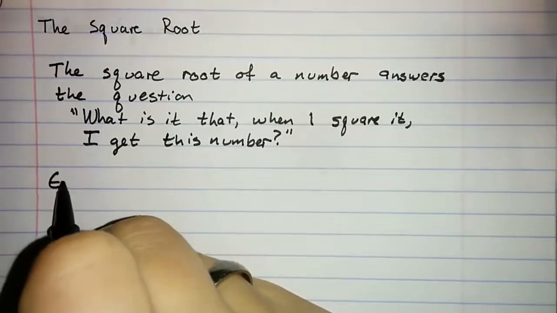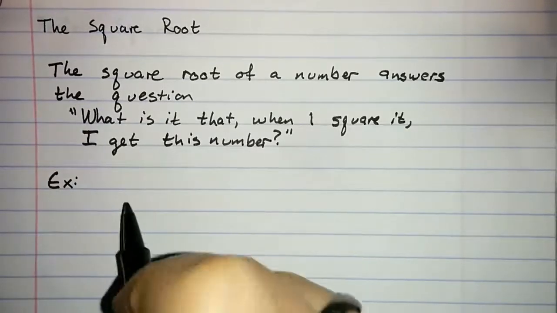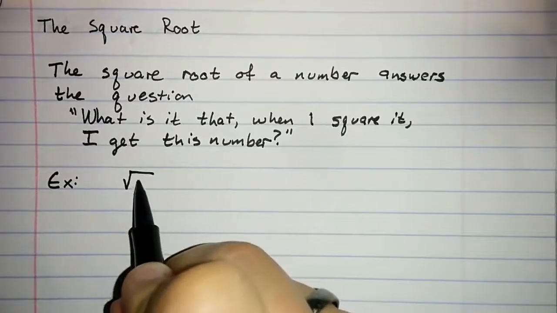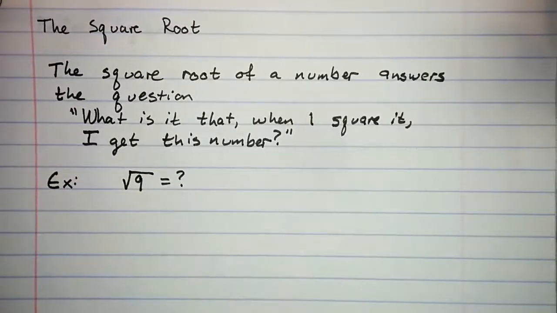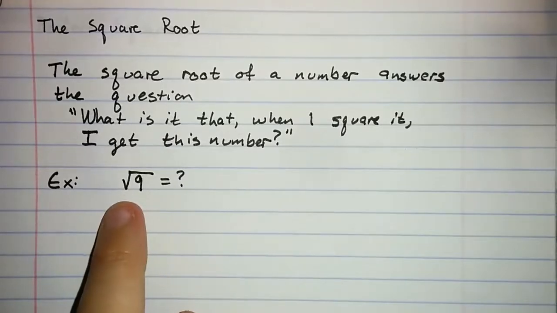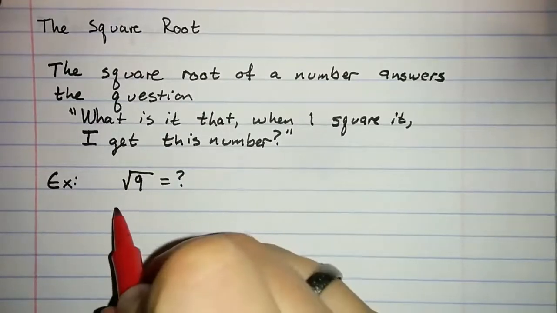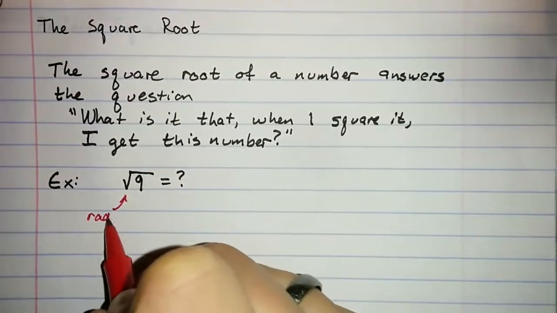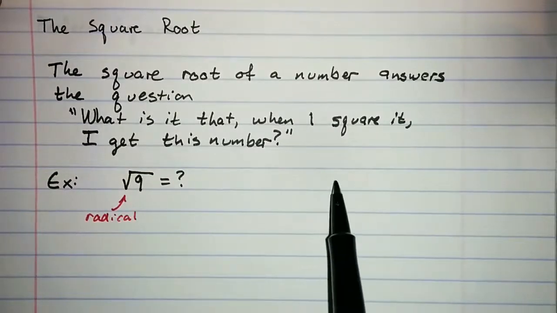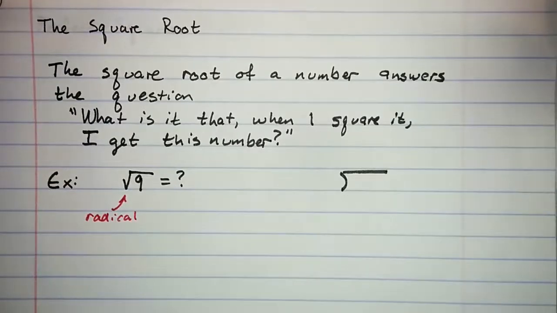For example, when I ask, what is the square root of 9? We express the square root this way. This symbol, this squiggly line, is called a radical. And it should be noted that it's different than the division bracket.